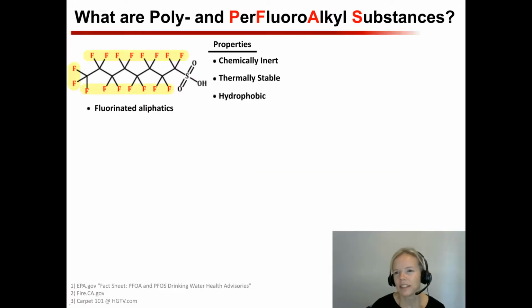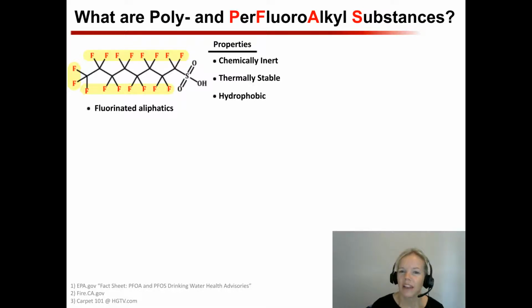So some molecules that are of great interest right now, and it should have been for a long time, but are really being brought to the public's knowledge, are these poly and perfluoroalkyl substances, or PFAS. And so PFAS are fluorinated aliphatics, so that's basically taking that hydrocarbon chain and putting fluorines for every hydrogen.